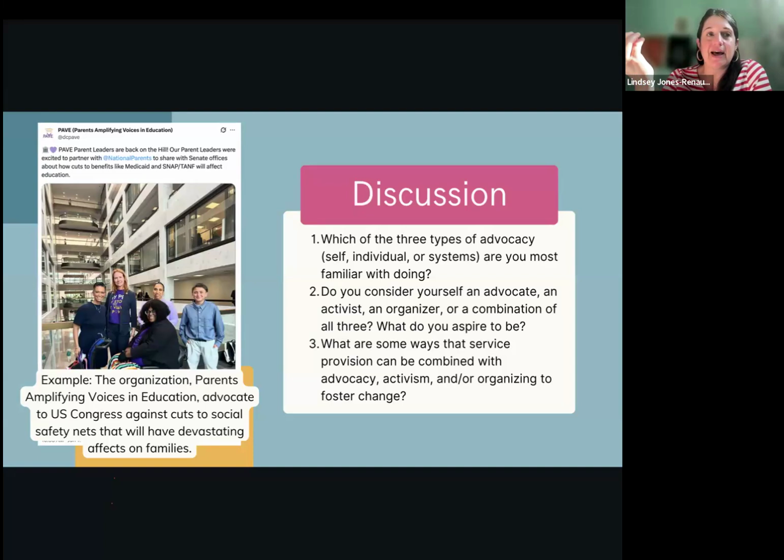But the problem is that it's not addressing the underlying causes. And so that's why this combination is so important. However, that also means more work.